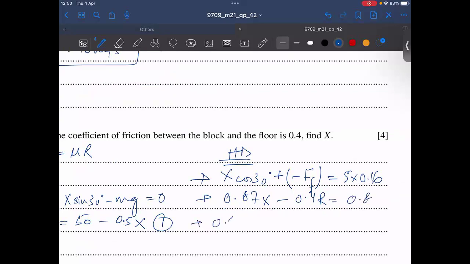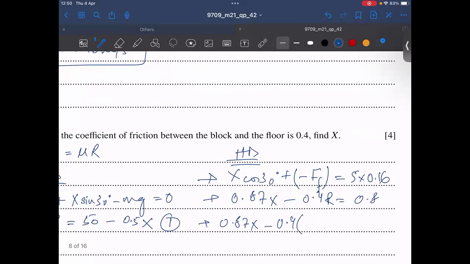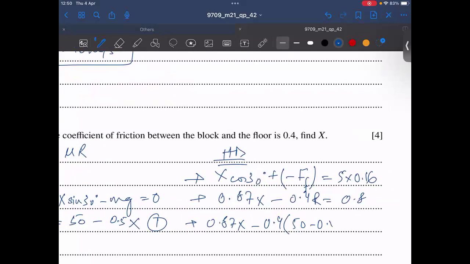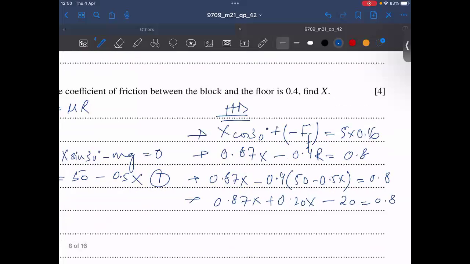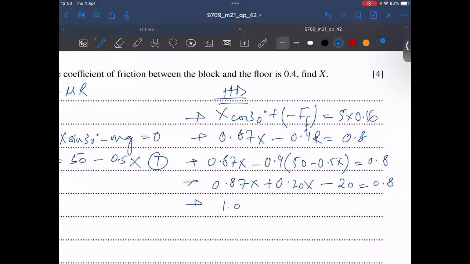So I'm going to replace R with 50 minus 0.5X. So 0.87X minus 0.4 into 50 minus 0.5X, so 0.2X plus 0.87X, and minus 50 into 0.4, 20, equals 0.8, which is going to be 1.07X equals 20.8.